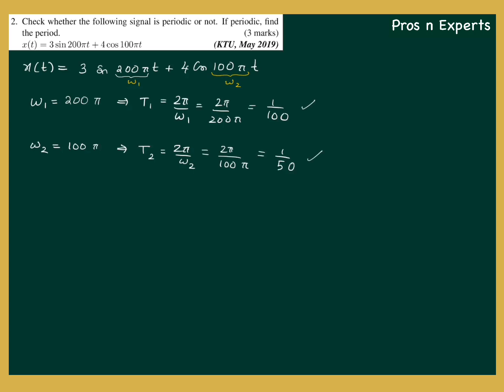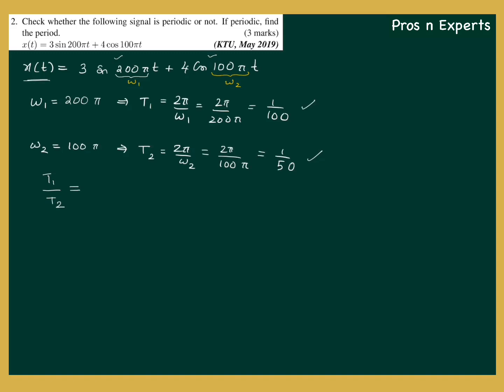Now, before the total time period, we have to check whether the whole of x of t is periodic or not. Taking the individual terms, sin 200 pi t is definitely periodic and cos 100 pi t is also periodic, but we are not sure about the sum of these two terms. To check whether the entire signal x of t is periodic, we have to find T1 by T2.